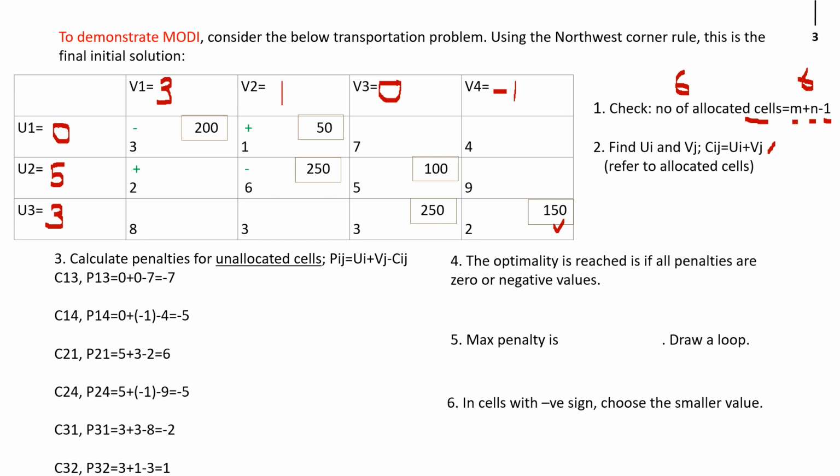Now we can proceed with the third step, which is to calculate the penalties for unallocated cells. The formula for penalty is Pij equals U plus V minus C. The unallocated cells are C13, C14, C21, C24, C31, and C32.